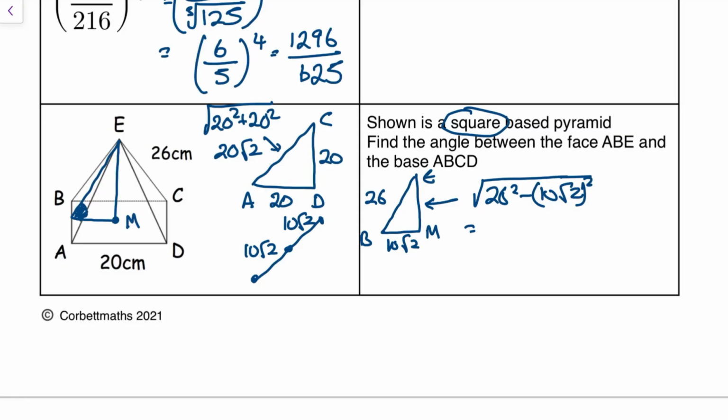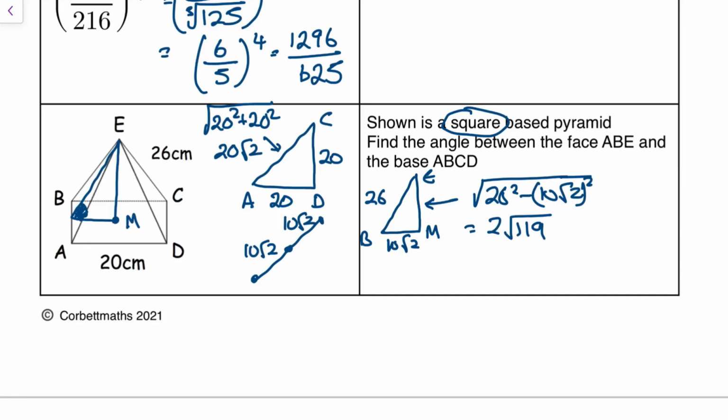So again, you can either do it with or without a calculator, but probably this is going to be a calculator exam. So calculator out, 26 squared minus 10 root 2 squared. Again, a bit of a calculator exercise to make sure you're okay with it. And that gives me 2 root 119. So definitely not something I could guess or do off the top of my head.